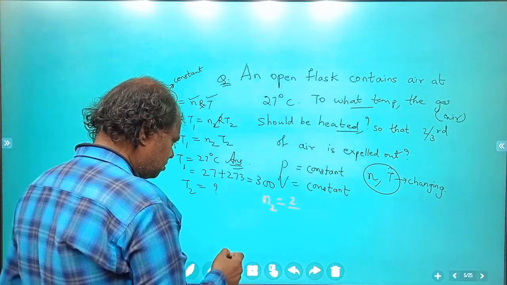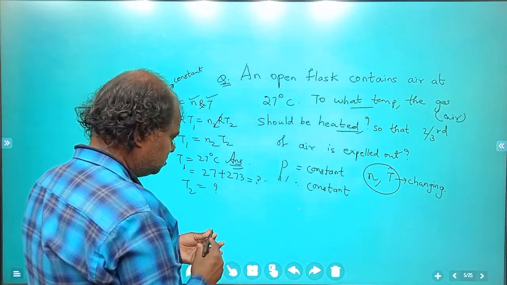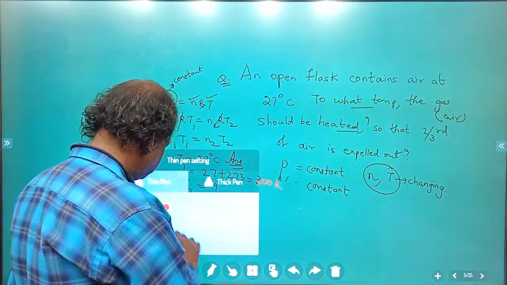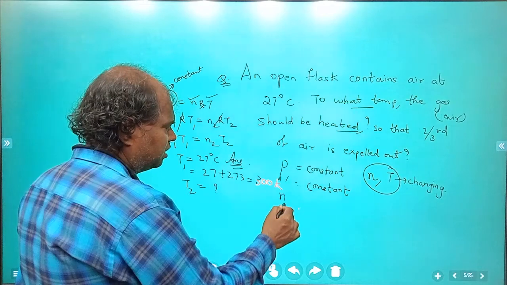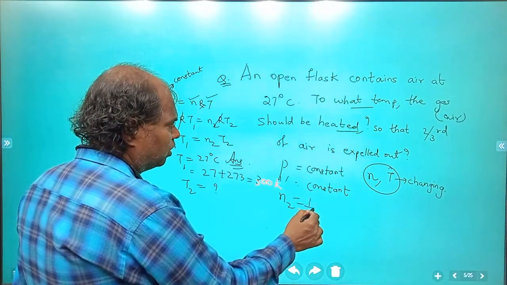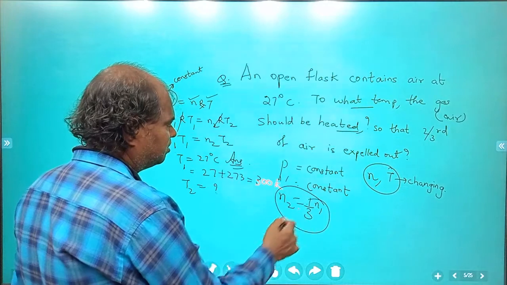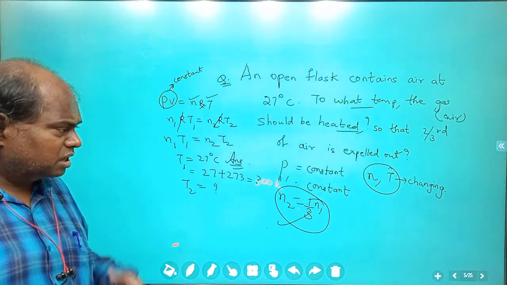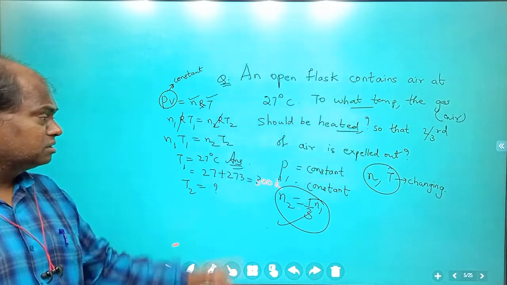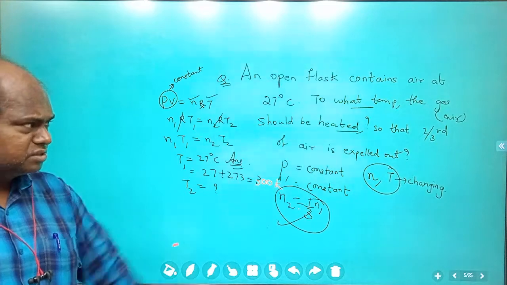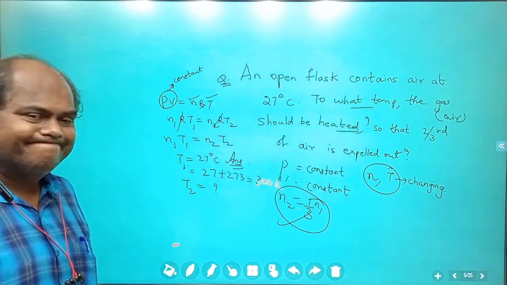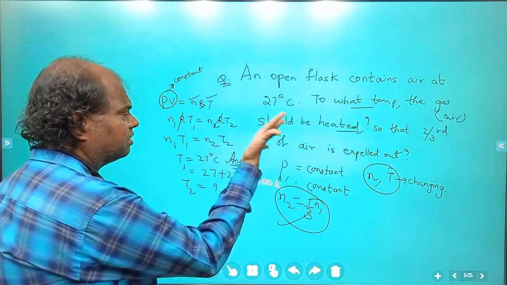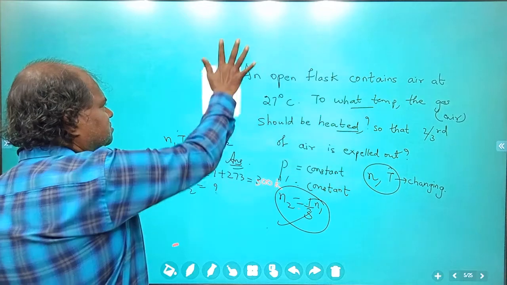So how much is remaining? One-third, right? So N2 is equal to, students, one-third of N1. Very, very important. N2 is one-third of N1. Two-third gone. So what is remaining? 1/3 of N1. This is the main part in this sum. Once you know this, you can do it. Okay. So N2 is 1/3 of N1. So once you do that, what will you get now? Just see.